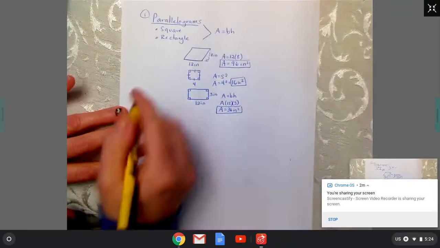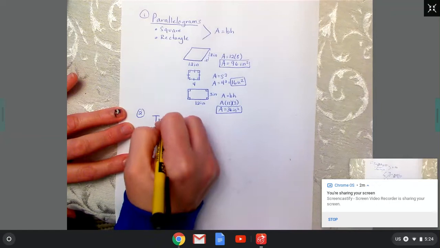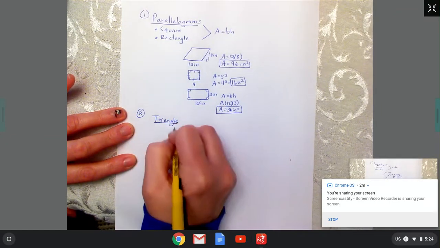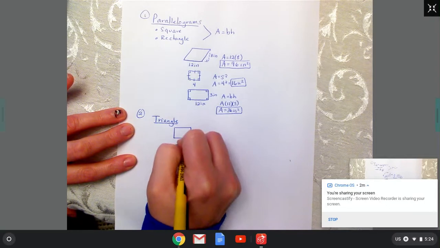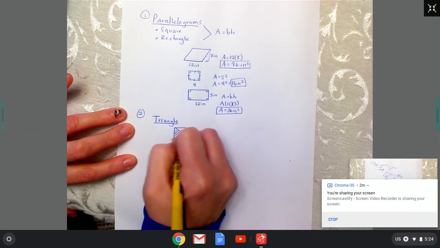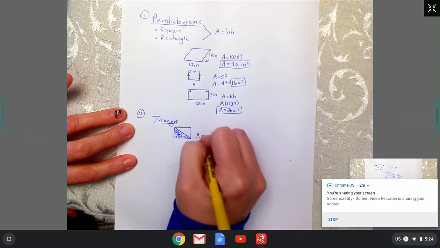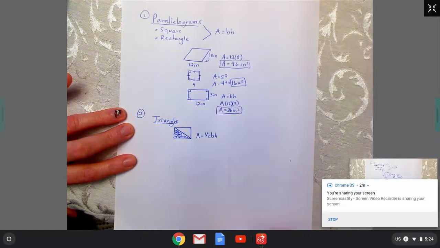The second one was triangles, which is half of a parallelogram, square, or rectangle. So if you look at a rectangle, if you only take half of it, it makes a triangle. So area equals 1/2 base times height for a triangle.